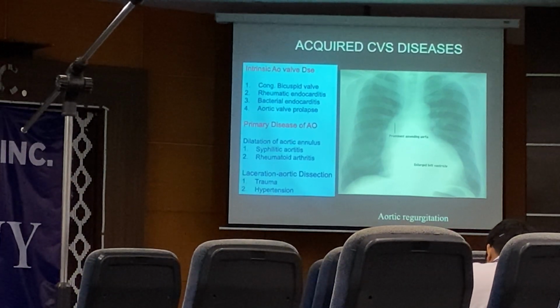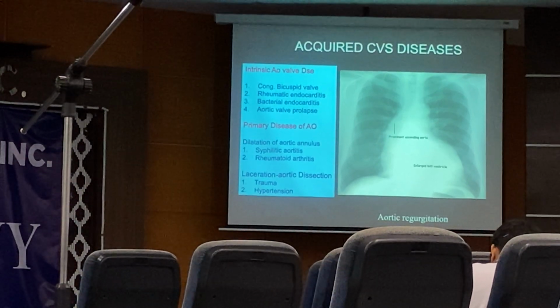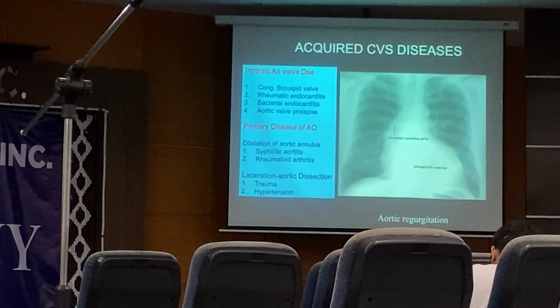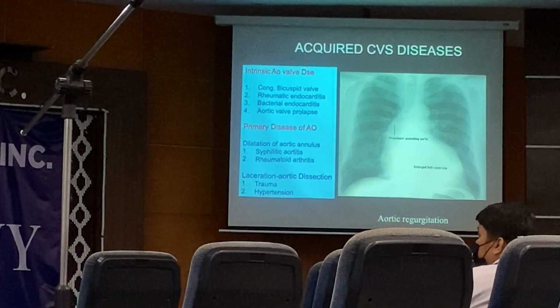So what happens if you have intrinsic aortic valve disease? Mostly they have stenotic valves. If you have a stenotic or non-responsive aortic valve, by hemodynamics, what chamber would most likely be affected?